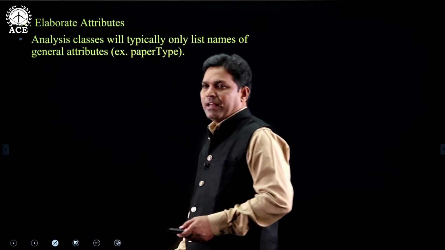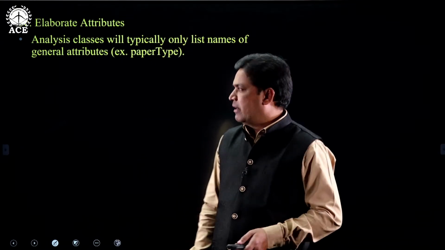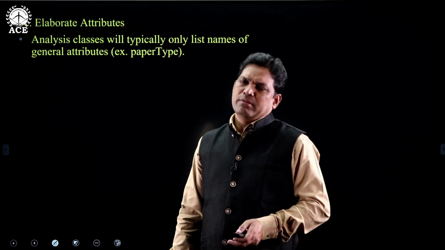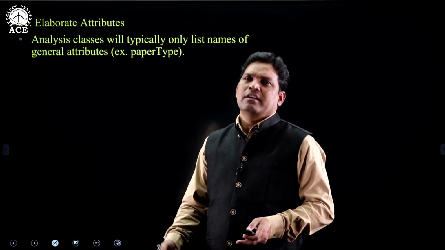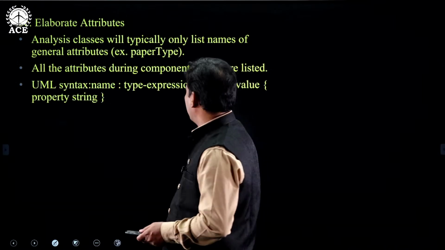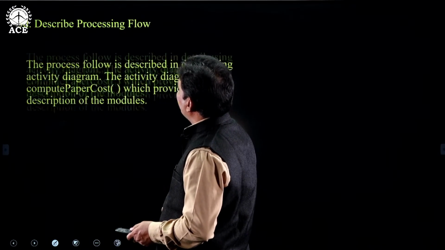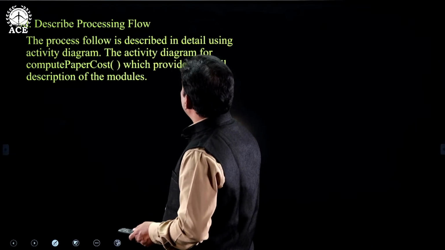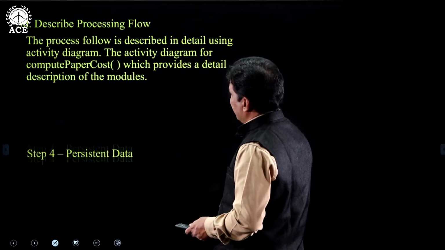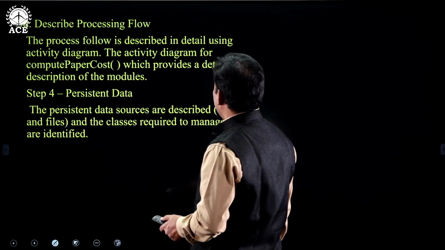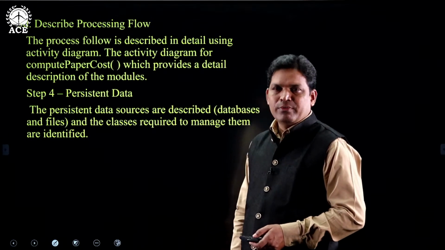ATM user is a class, and we add more attributes: not just the ATM user name, but mobile number, address, and other details are also added. That is what we call elaborating attributes. And coming to describe the processing flow, process flow is described in detail using an activity diagram. What is the importance of an activity diagram? It shows the flow of data from one activity to another activity.